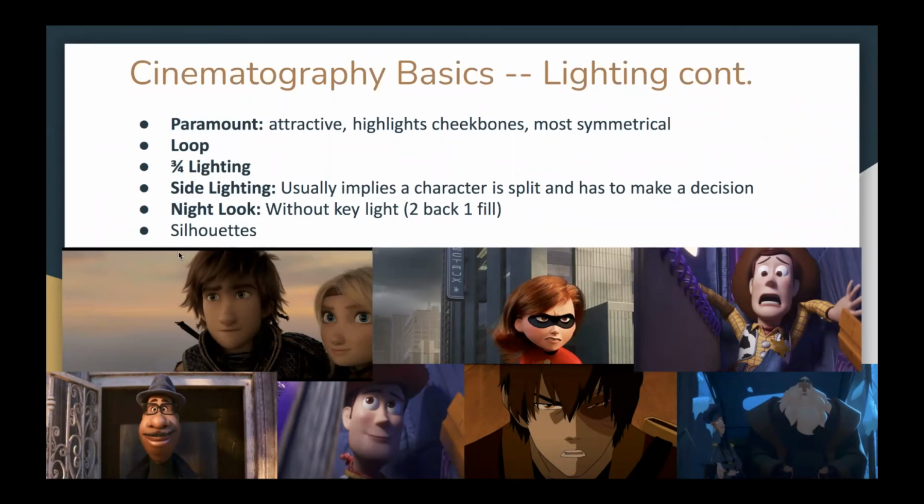And then I wrote here silhouettes, and that just means the lighting is important with production because it makes your character stand out and helps place them in this environment and makes it look real. And it helps distinguish them from the background. You don't want them to blend in with your background. So that's why lighting is important.